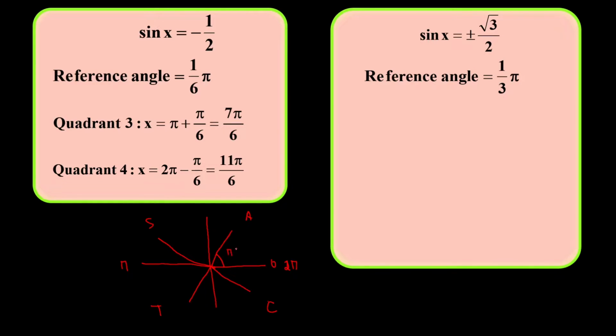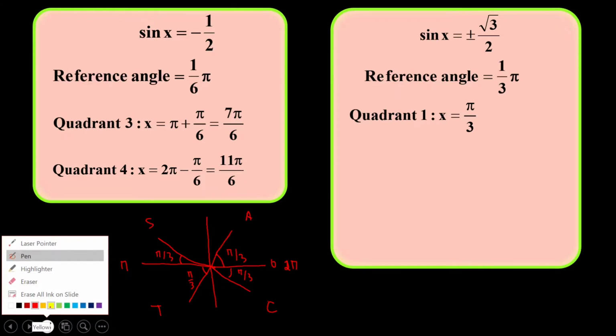I have pi over 3 there, pi over 3 there, pi over 3 again here, and finally pi over 3 again in this part. So I'm going to go angle by angle. The first quadrant, which I already have the answer, is pi over 3. Then I need to go for the second quadrant.